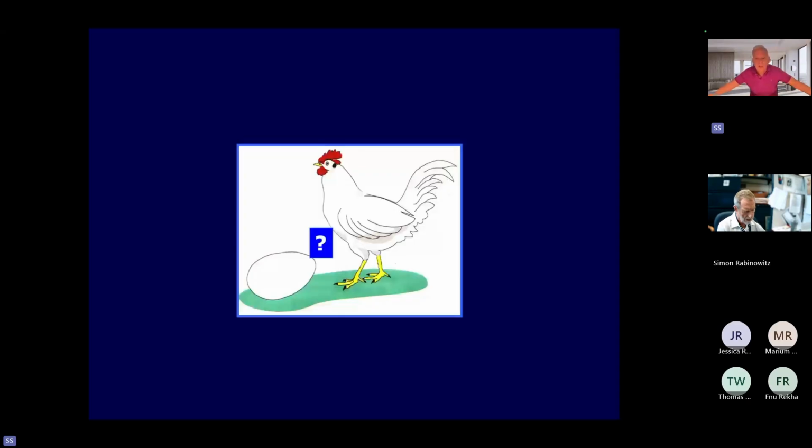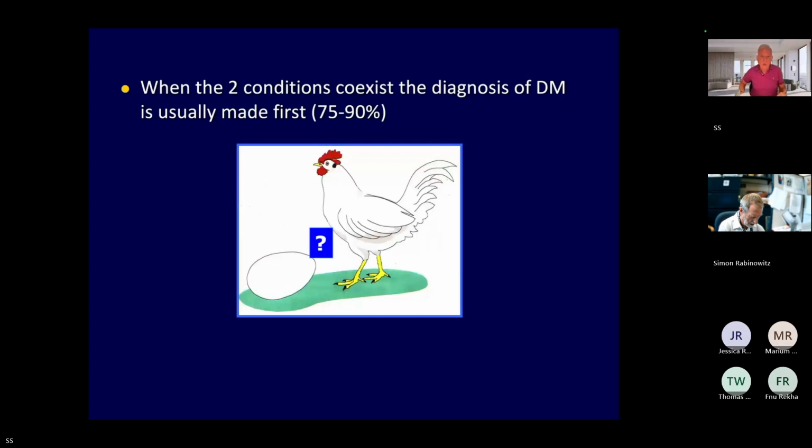So, given those facts, of course, one wonders, it's the chicken versus the egg. In the patients who have these autoimmune diseases, what comes first, the celiac disease or the diabetes? When the two conditions coexist, the diagnosis of diabetes is almost always made first, at least in 75% of cases.